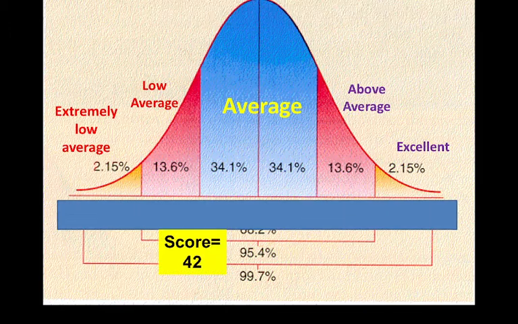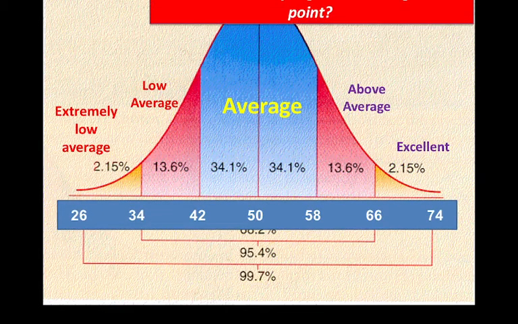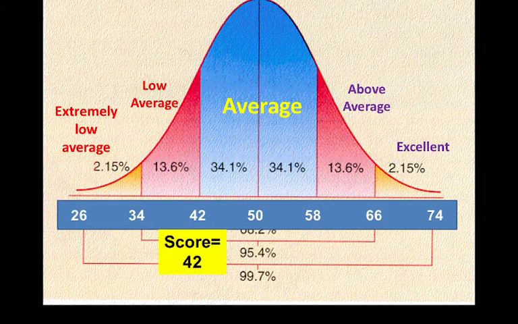Okay? Another example. Halimbawa, 42. Ganyan. Paano mo ngayon malalaman o ano ngayon ang interpretation mo sa 42 eksakto sa normal point? So, 42 still belongs to, again, average pa rin yan. Paano mo malalaman kailan magiging low average ang score?